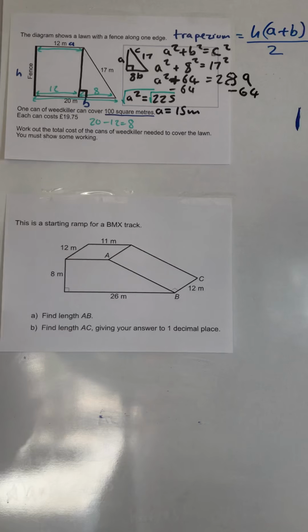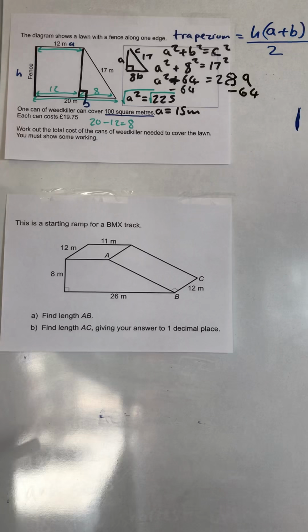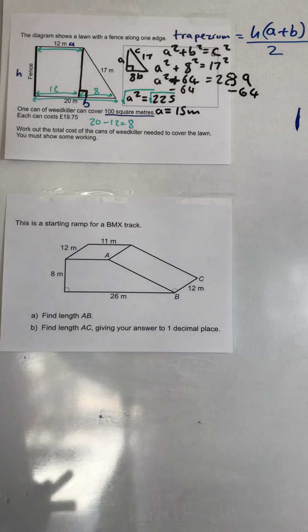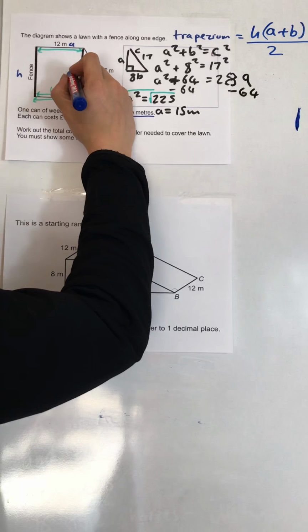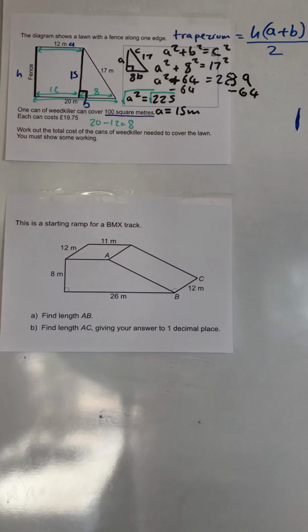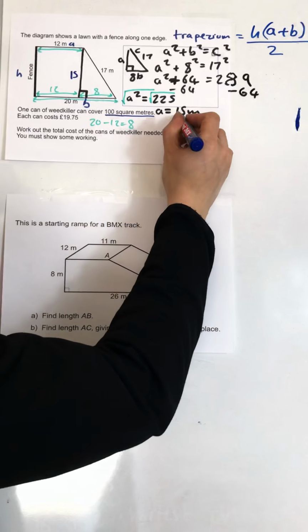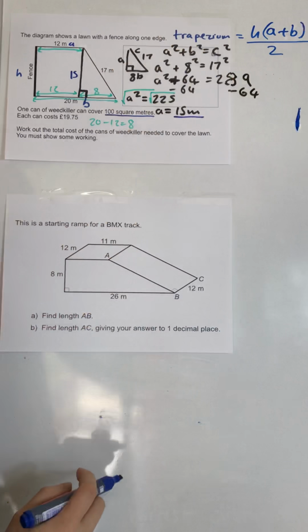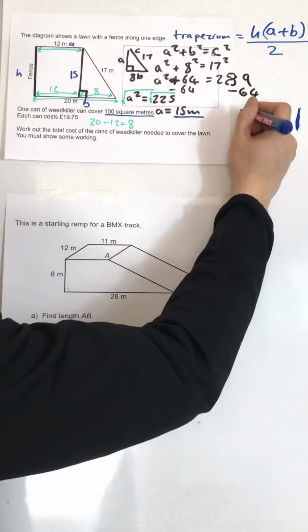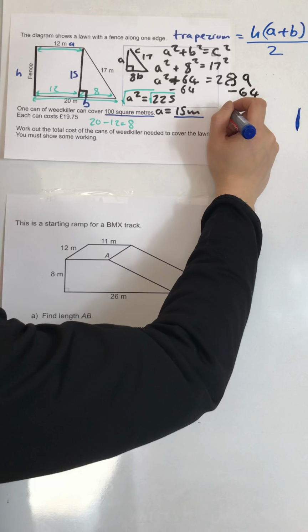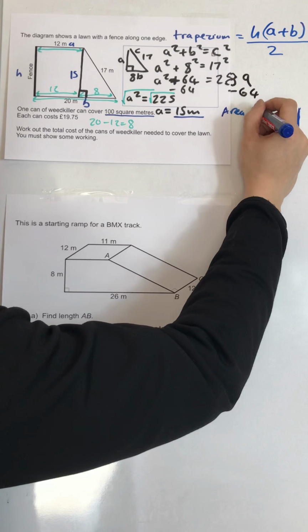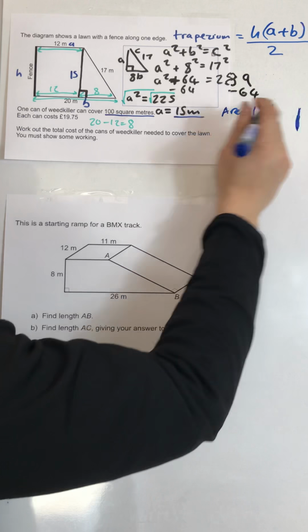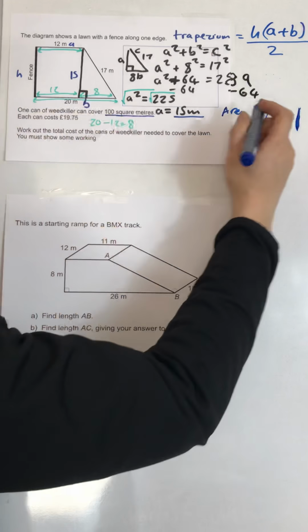That's perfect. So let's not get confused here. That 15 represents this height here. So now, with this, we've got everything to answer this question. So to find the area of the trapezium, area is going to be 15 times A, which is 12, and B is 20.